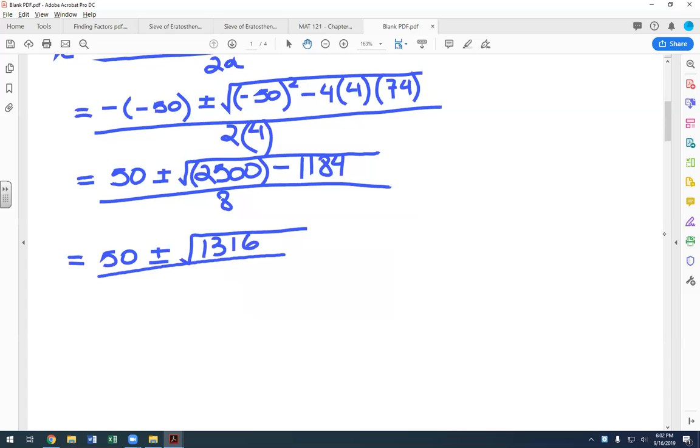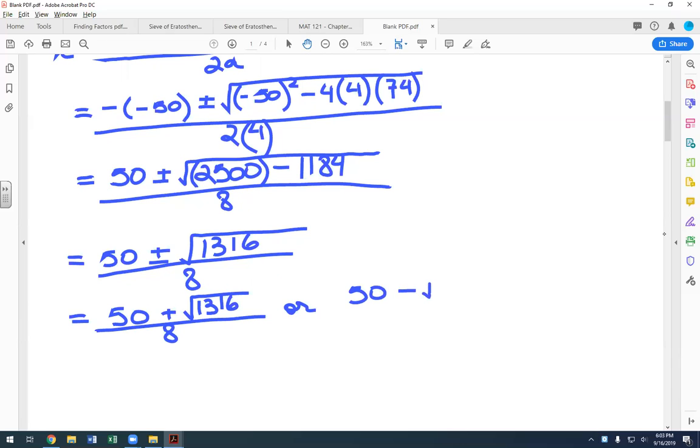And if I remember correctly, I don't think you're going to get a nice clean answer when you take the square root of 1316. So what we're going to do at this point is actually use our calculator to get decimal approximations and maybe round it to 2 decimal places. Now because of the plus and the minus, you will get 2 answers. So one of them you will do 50 plus the square root of 1316 divided by 8, and for the other one, of course, just change that to a minus.